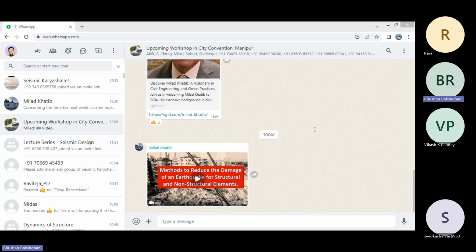Now the area of this diagonal reinforcement along each diagonal shall be estimated as total shear force upon 1.74 fy into sine alpha. Alpha is the angle of the diagonal, and that would be the area of the steel to be provided in the diagonal direction. That's why it is Asd, in the diagonal direction. And at least 4 bars of 8 mm diameter shall be provided along each diagonal. So it would be something like this.